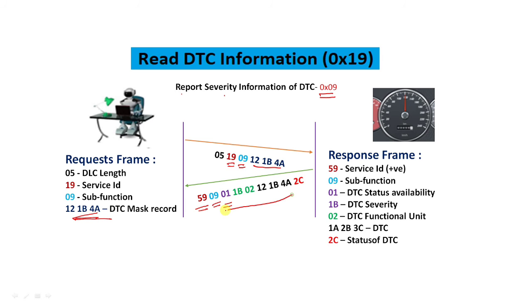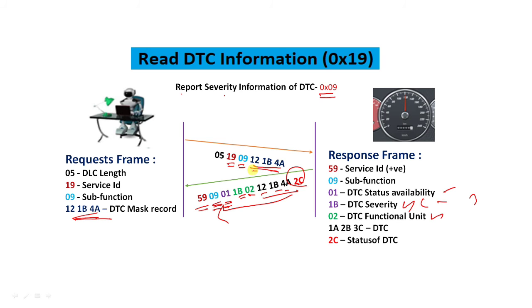Now you'll get the big response. What is the response you got? See, 09 is the subfunction, 01 is the DTC status availability mask, and 1B here you got is the DTC severity. This is the severity of the DTC. All right. Then 02 is the DTC functional unit. Then 12, 1B, 4A is the DTC that you requested for, and 2C is the status of the DTC.